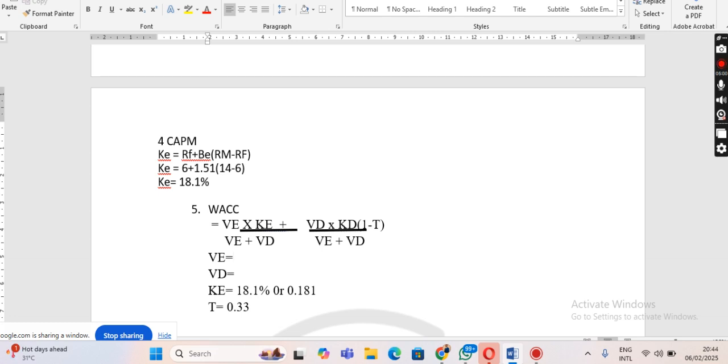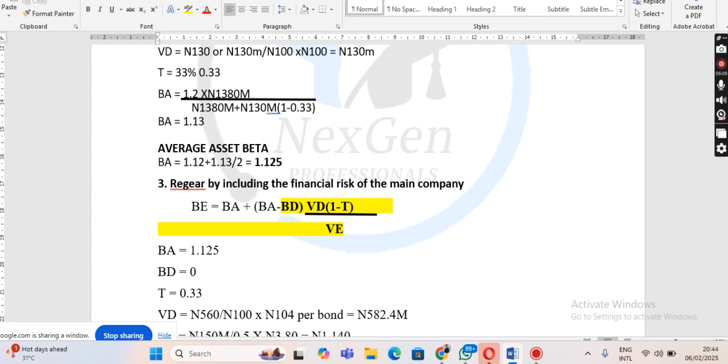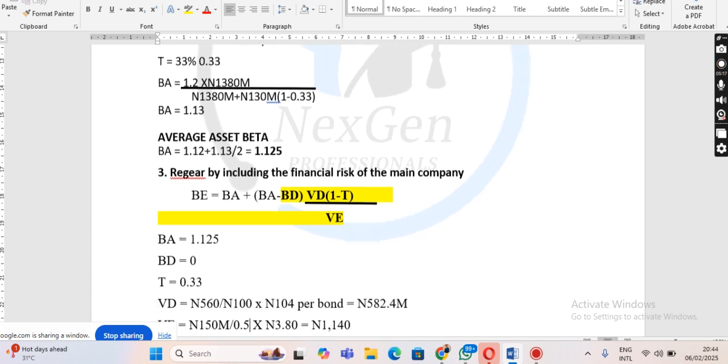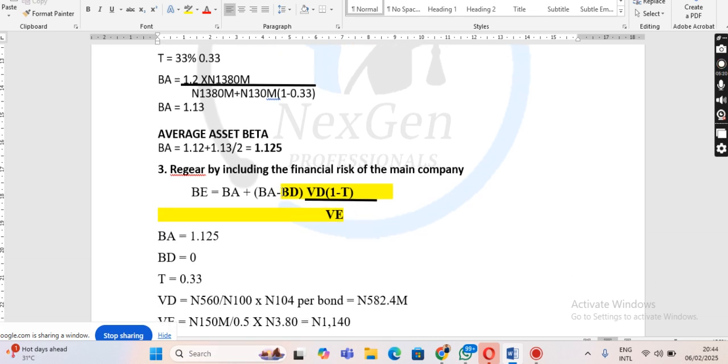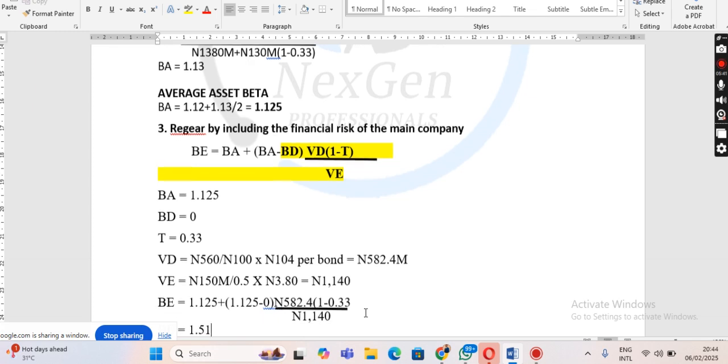Now, what will be the market value of equity of the main company, right? Please go back to the previous lecture where we have the risk-adjusted cost of capital ACCA question, part 4, right? Now, don't forget that in step 3, as we highlighted yesterday, this one highlighted here is the financial risk of the main company, of which we have actually determined the value of debt.